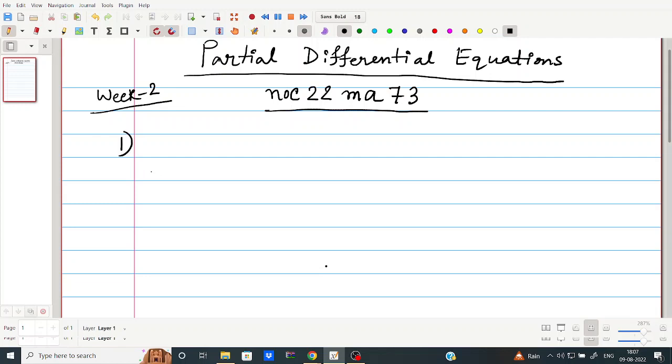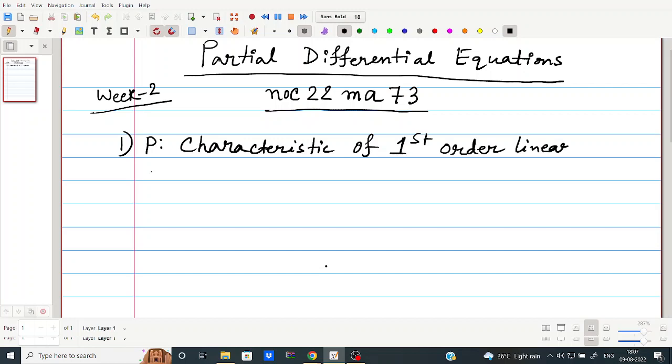Statement P is saying that the characteristics of a first order linear PDE are straight lines, but it is not true. Let me give an example.